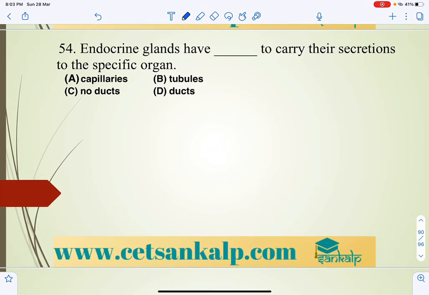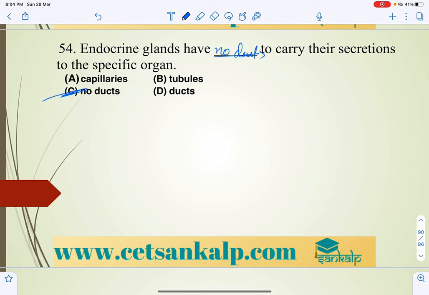Endocrine glands have, what is it, the ducts, right? Generally we can say they are ductless glands. Endocrine glands are ductless glands, so endocrines have no ducts to carry.